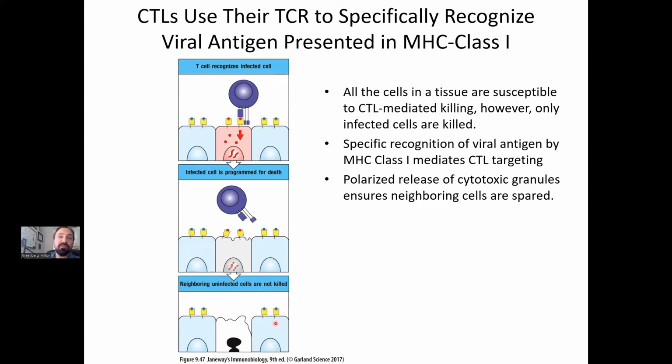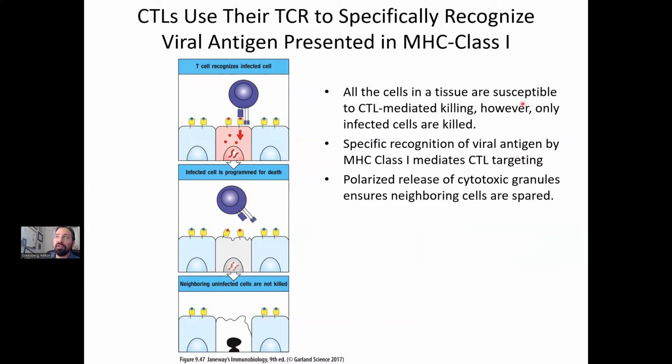In this case, cells that are not presenting viral antigen in the context of MHC class 1 will be spared the effects of that cell death because they will not be recognized by the T cell receptor of the CD8 positive cytotoxic T lymphocyte.